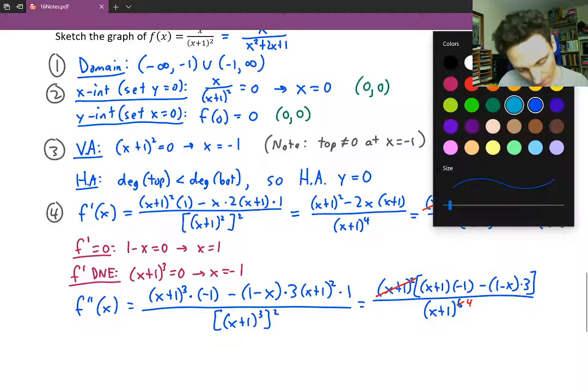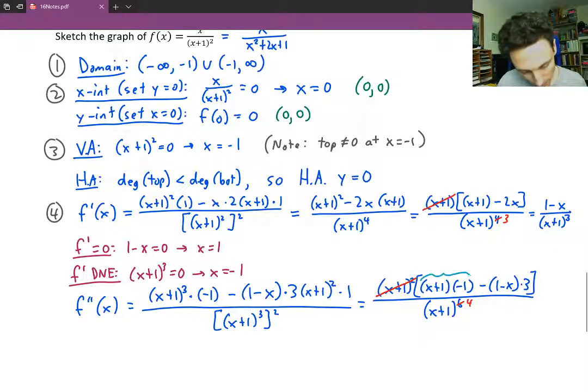Now, on the top, if we distribute, we'll get negative x minus 1. And here you'll get 3 minus 3x. If you combine those together, you'll have negative x minus negative 3x, which is negative x plus 3x, which is 2x. So on the top, we're going to get 2x.